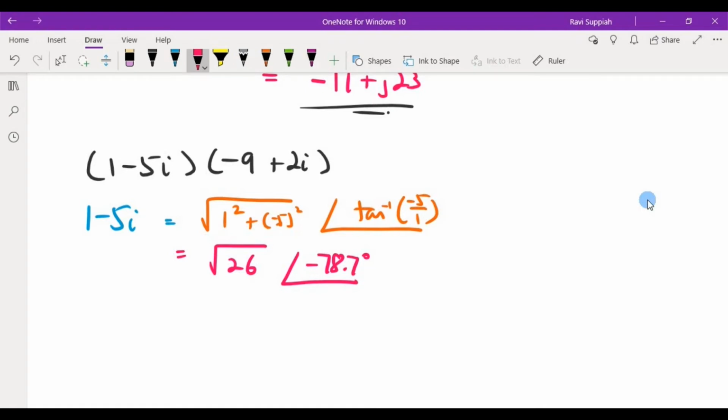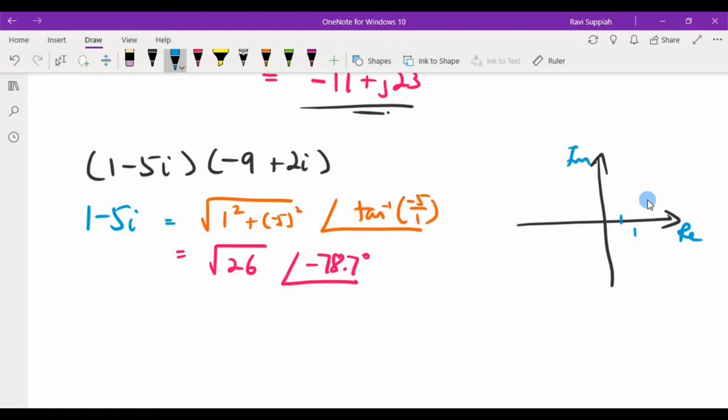This is where you must have some visualization of how this particular complex number is actually going to look. As you can see, this number here is 1 minus 5i. If I draw the complex plane, this complex number would be 1 here on the real axis, and this is the imaginary axis.